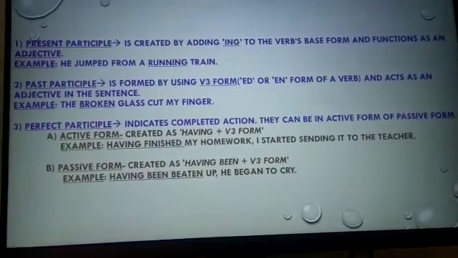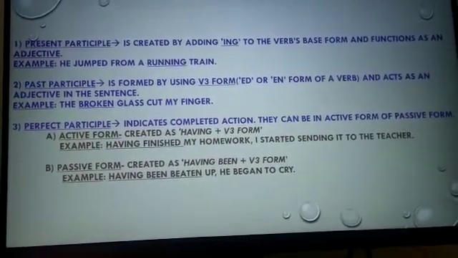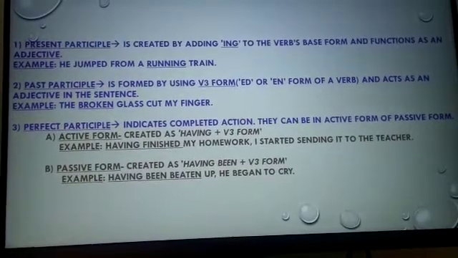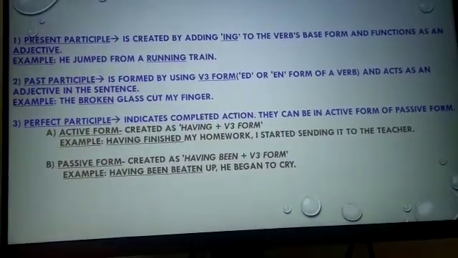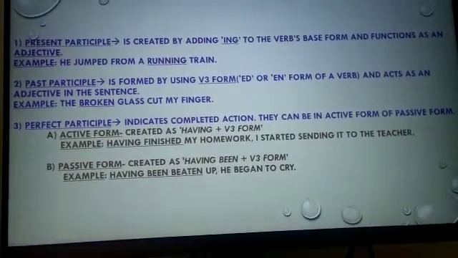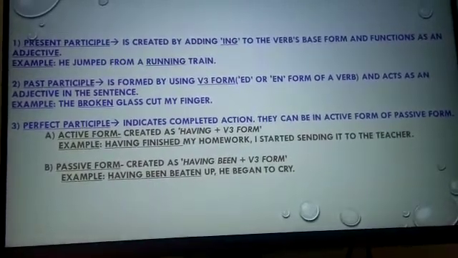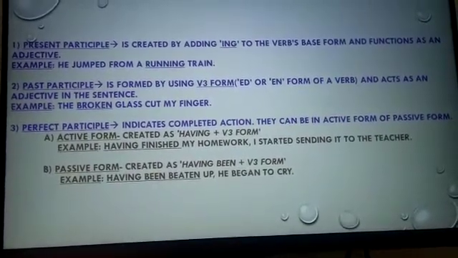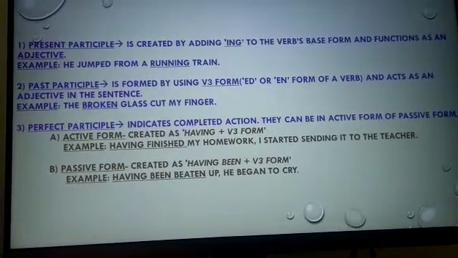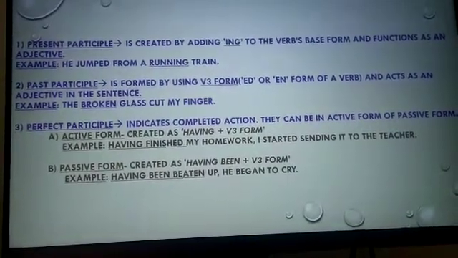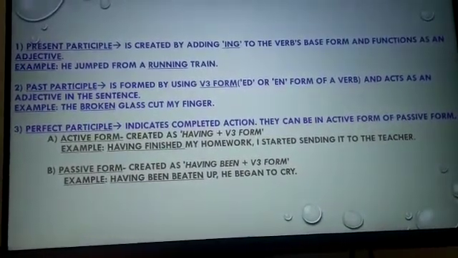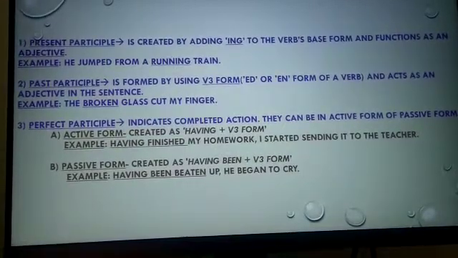So students, don't get confused between present participles and gerunds. In both, ing is added, but gerunds function as a noun, whereas a present participle functions as an adjective. Let us see the example, then you will be clear.